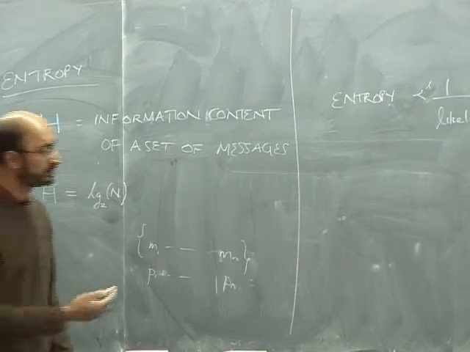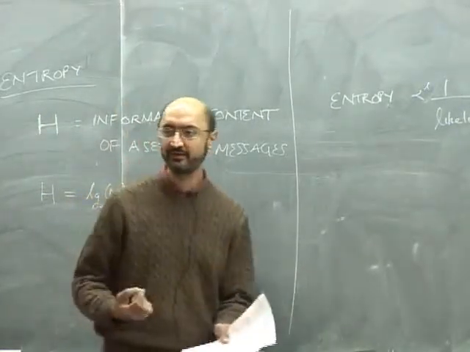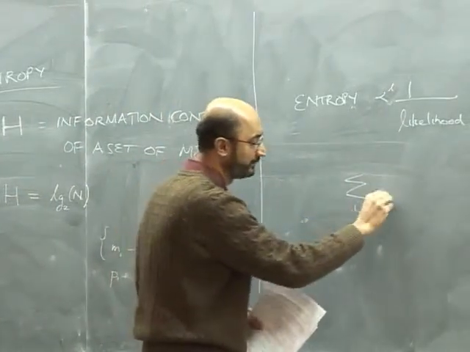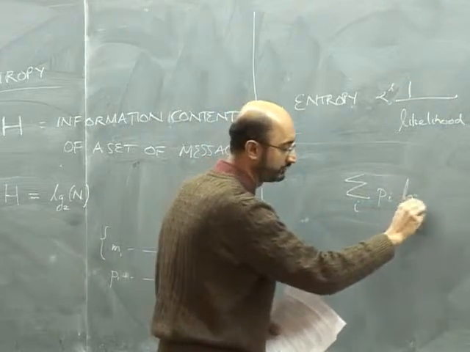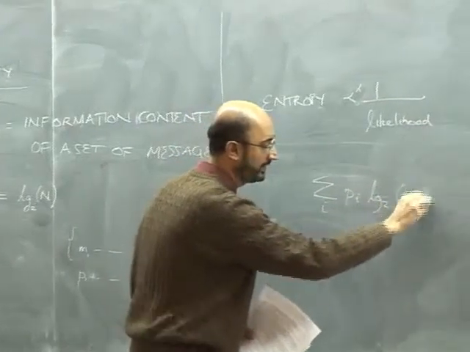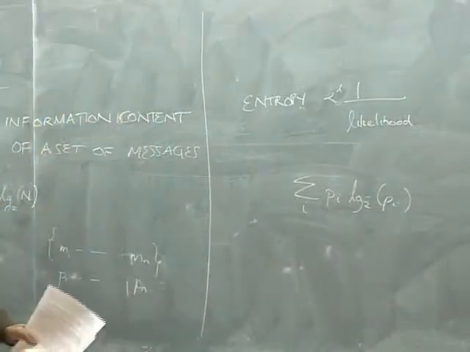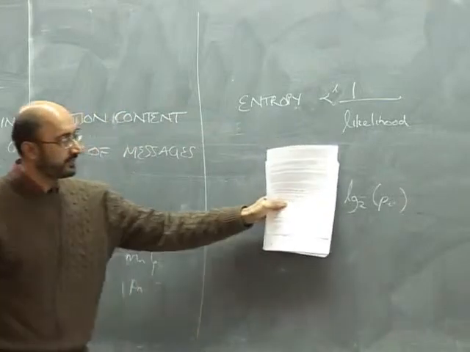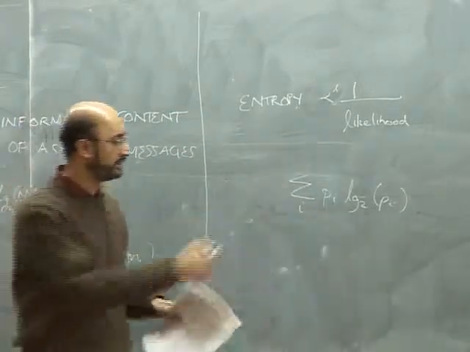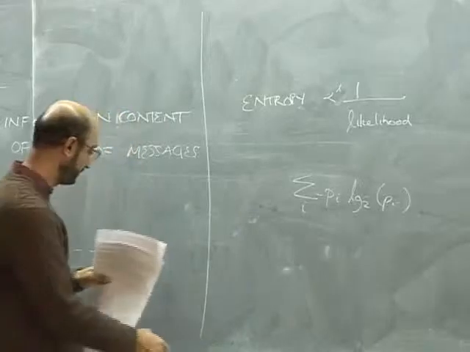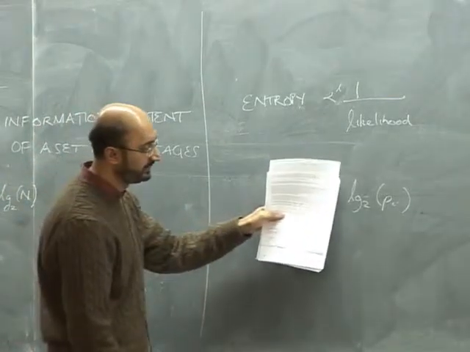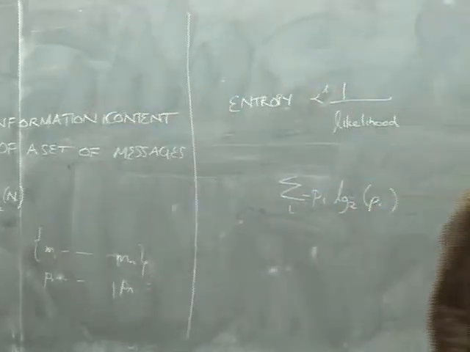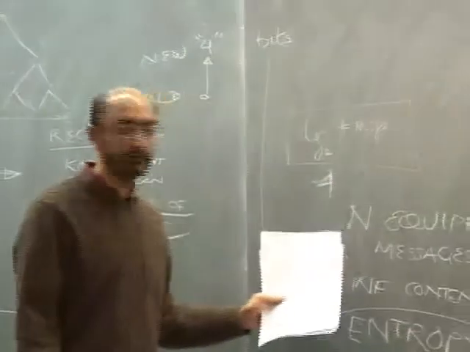So how do we take it into account? What we do is we find that the average entropy is going to be given by the sum over the set of messages, minus pi log base 2 of pi, where i indexes the messages. So what are we saying over here? This log base 2 of pi is sort of reminiscent of the log of the number of messages.